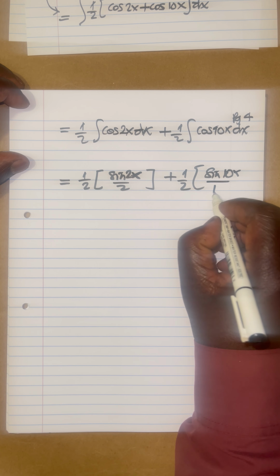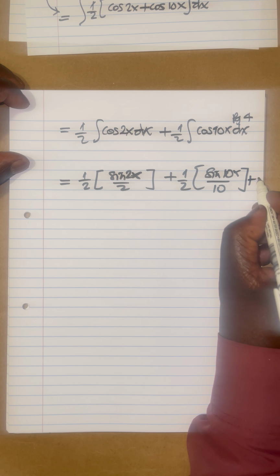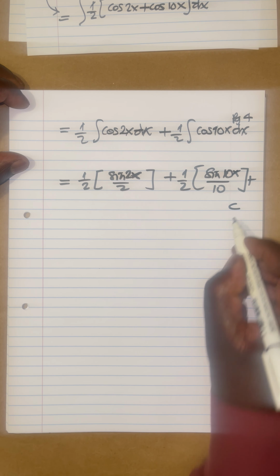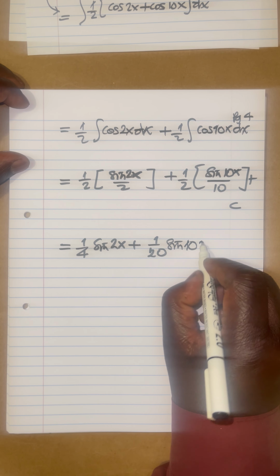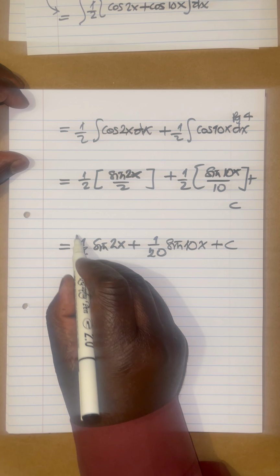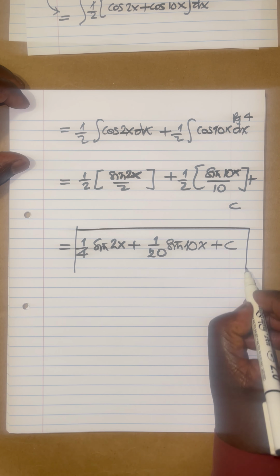We must divide by 10 because there's a 10 there. And then I have to say plus a constant c. Simplifying, this is just a quarter of sine of 2x plus 1/20th sine of 10x plus c. This is the final solution to our second integral.